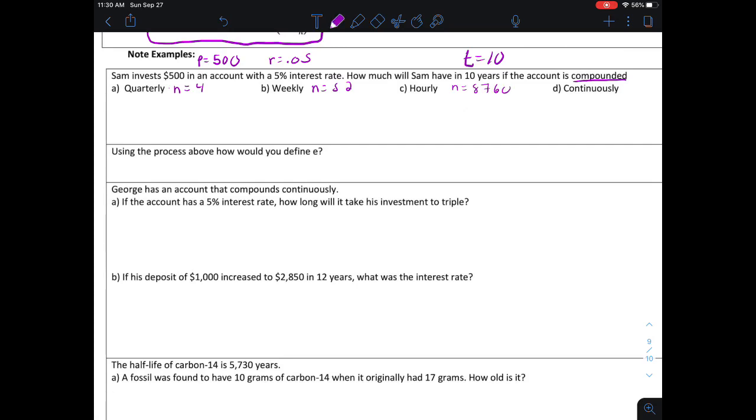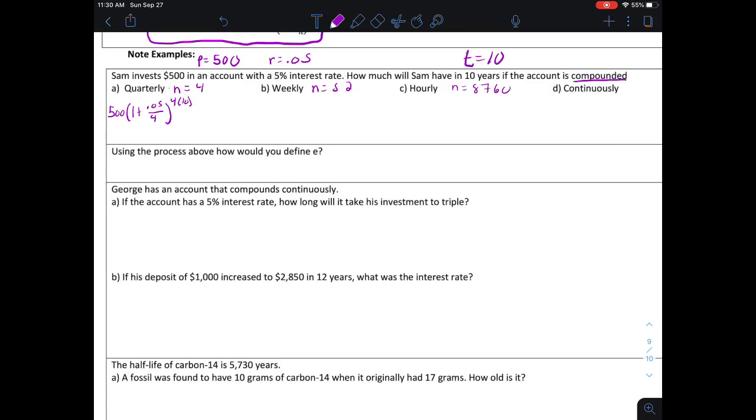8,760. Now to do these problems, we would need a calculator, and I'm going to save the compounded continuously for last. So quarterly, we're going to plug in, so the amount of money Sam's going to have if it's compounded quarterly would be equal to 500 times (1 plus 0.05 over N) raised to the N times T power, so 4 times 10.